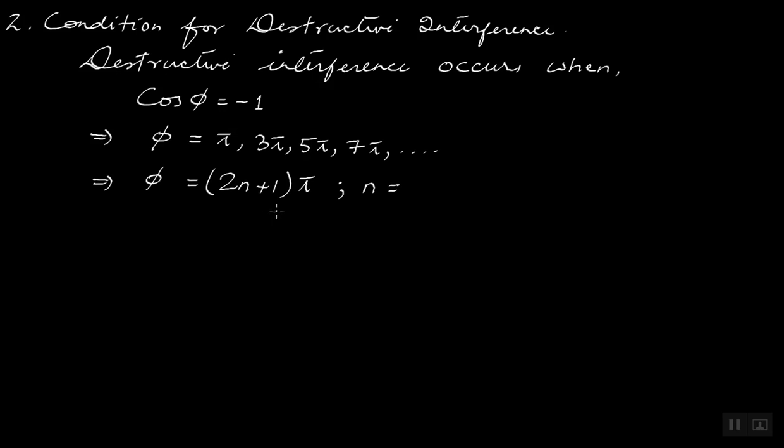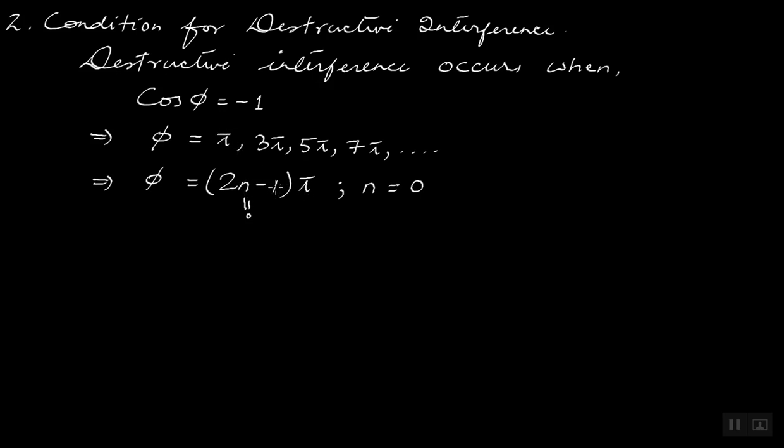Now what are the values of n? Will n start from 0? Let us see. If you put n to be 0 out here, what will you get? You'll get 2 into 0, which is 0. Actually, this should be minus, not plus 1, okay? That should be minus here. So if you put n to be 0 out here, you will get minus pi.